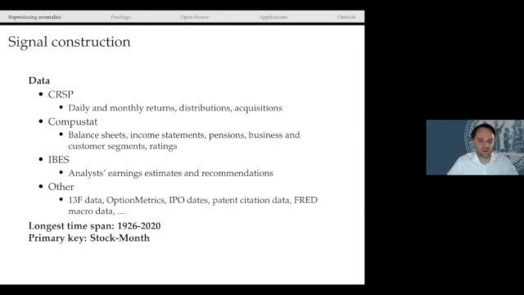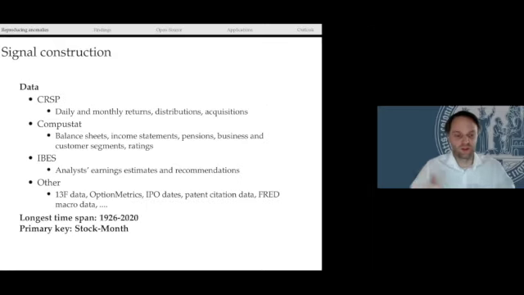We use IBES data to get information on analyst earnings estimates and recommendations. And then we use a whole bunch of other data sets for various signals. We use the 13F data for various signals related to institutional ownership, OptionMetrics data for option-related signals, IPO dates for the Ritter signal, patent citation data, macro data from FRED, and a bunch of others.